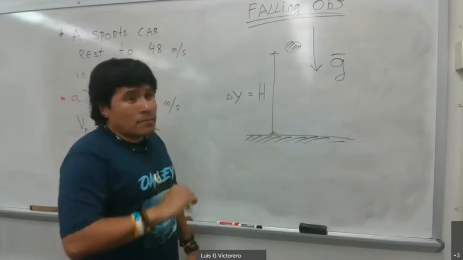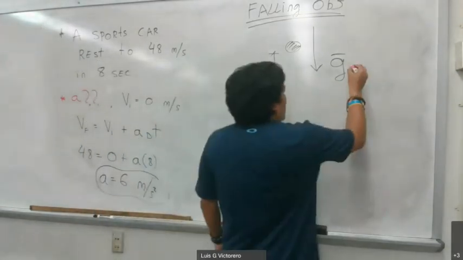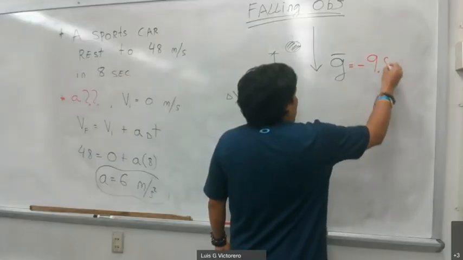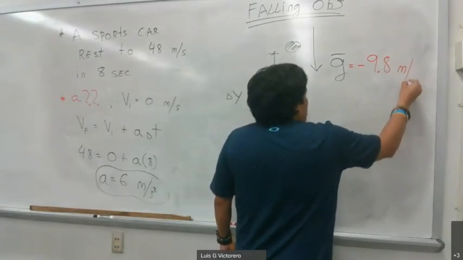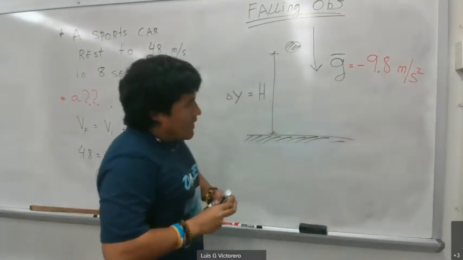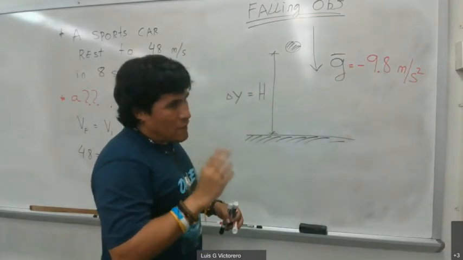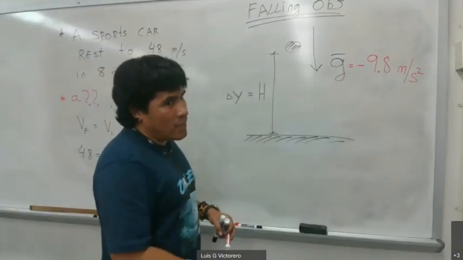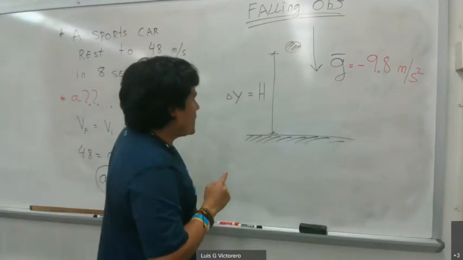But in general, the accepted value is equal to negative 9.8 meters per second squared. So normally we just say 9.8, but we write negative to specify that it's always going in the negative y direction. That's the first thing.